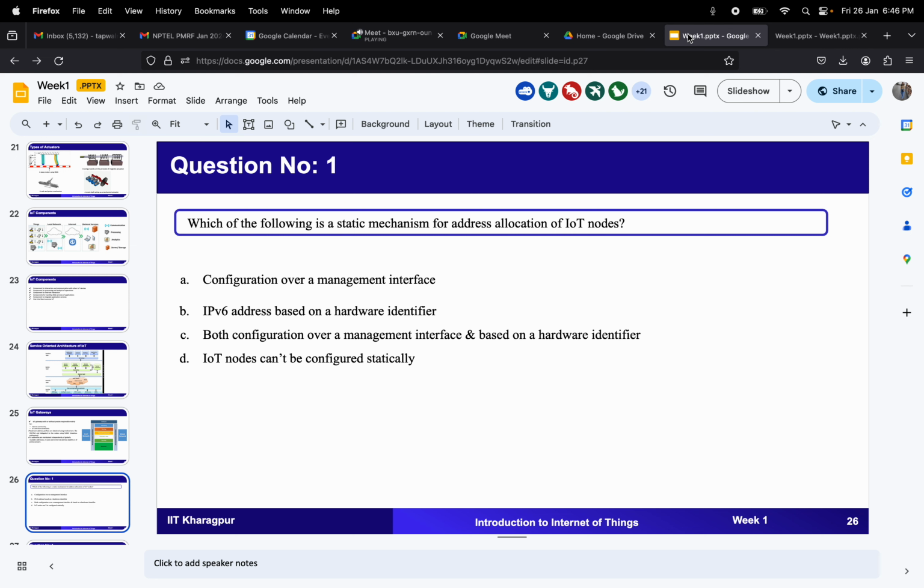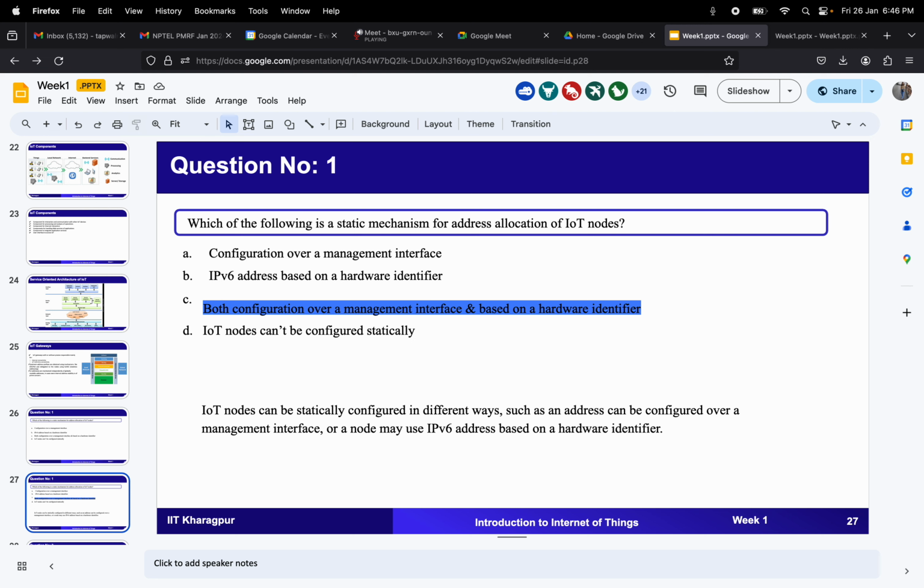Anyone else? Yeah, is it C? Yes, it's C. So basically, for a static mechanism of address allocation, you can use both configuration over the management interface and based on your hardware identifier.